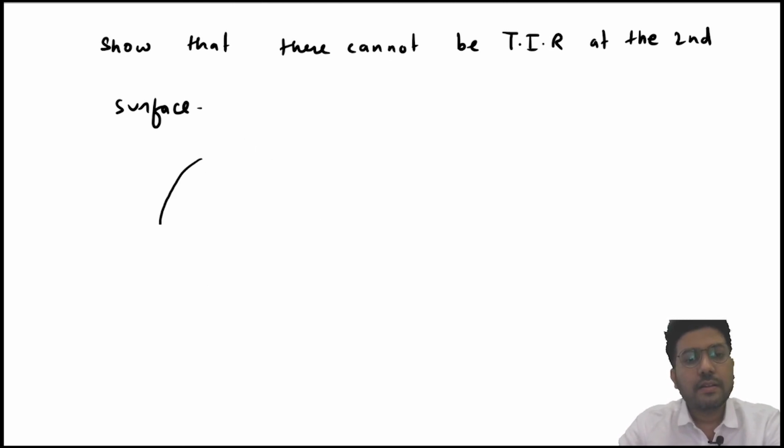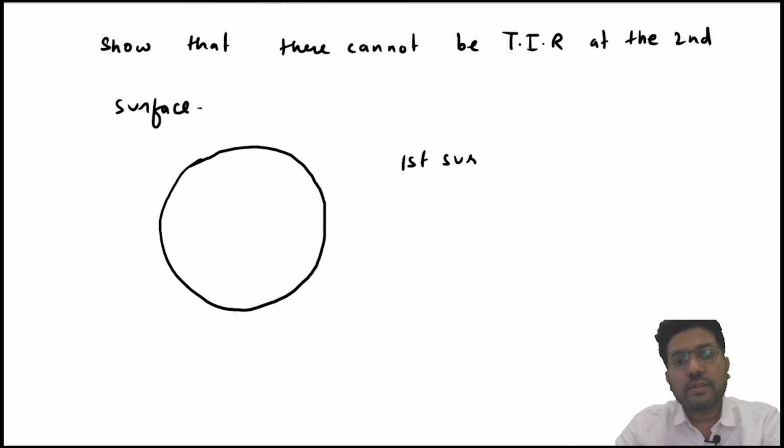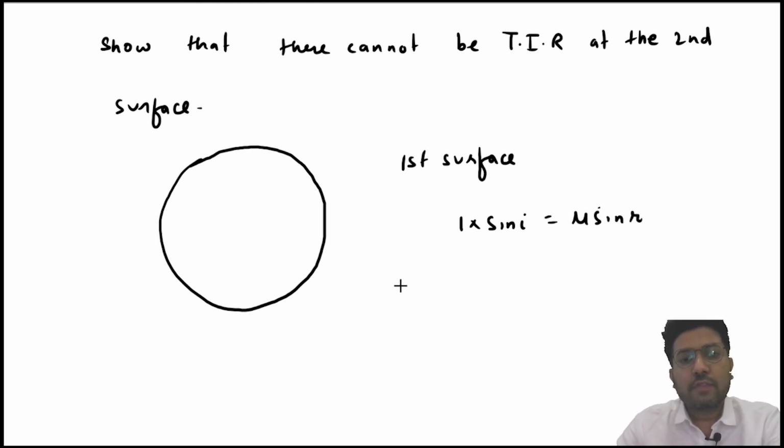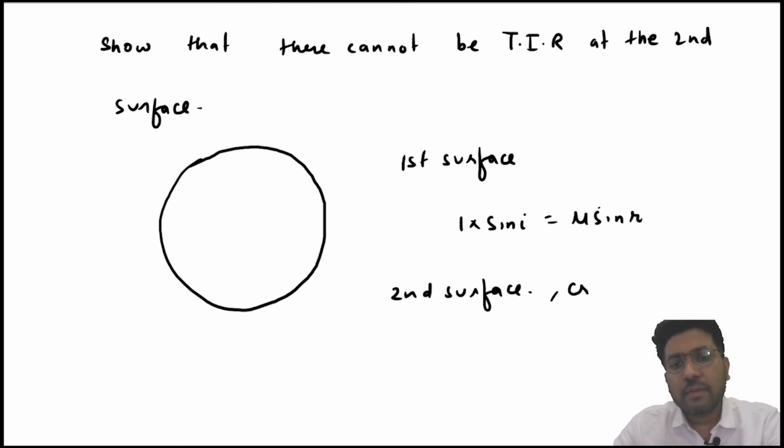See, okay. So first surface, you know that from first surface 1 into sin I is equal to mu into sin R. And from second surface, before writing for the second surface, you know that at the second surface the critical angle is how much?